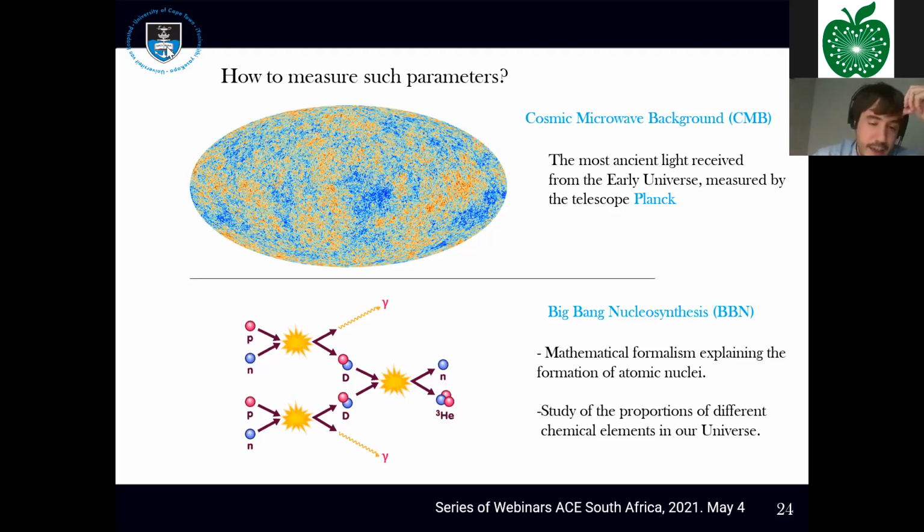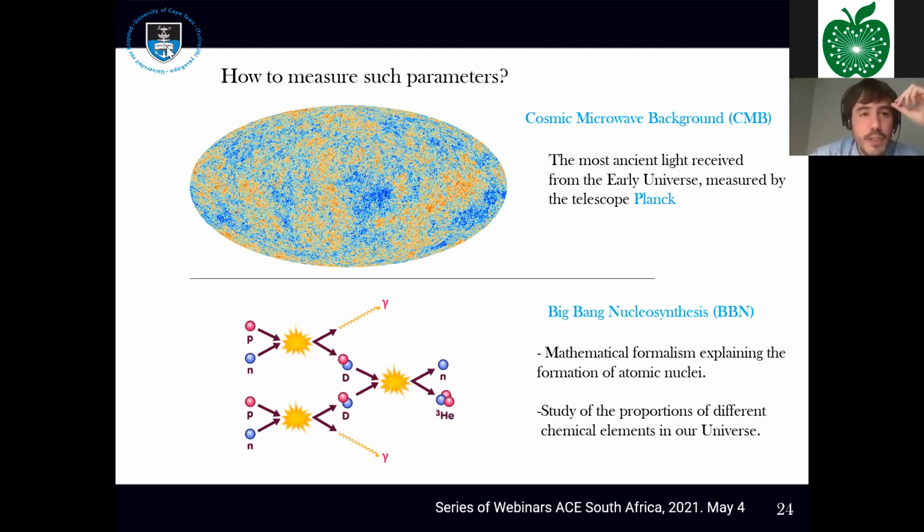This mathematical formalism we can also compare with the different abundances of the chemical elements we have in our universe, so we can compare it with what we observe nowadays.